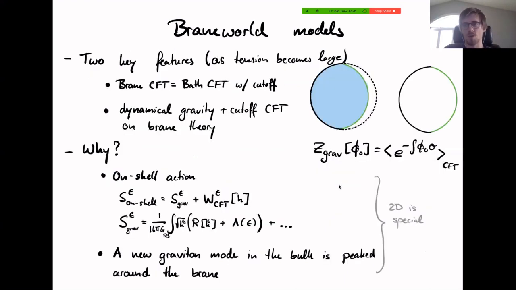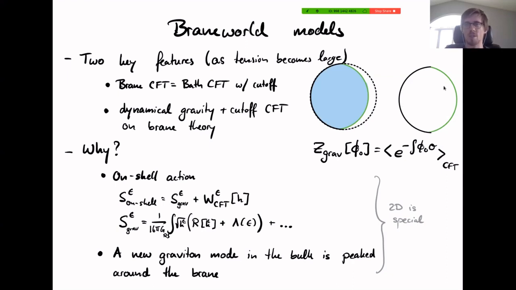Okay, so you can do this, and the resulting theory will have two key features. And these are the two features we were actually after. So one is that on the brane, I'm just dropping the second copy of my system here, I will have a copy of the CFT, which I have in my bath region, which will happen to have a cutoff.